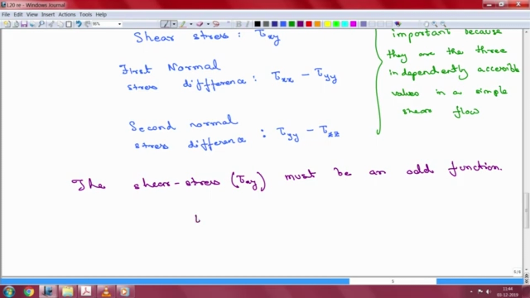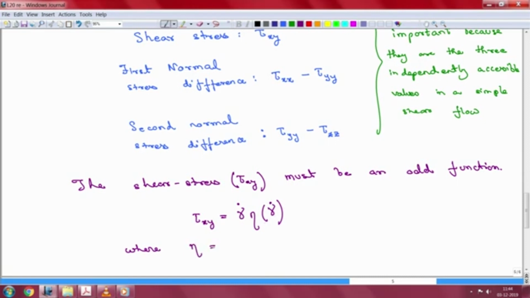So maybe we can write this tau xy as some eta times gamma dot. This gamma dot is the generalized shear rate, and eta is a function of gamma dot. When we write gamma dot in the bracket, it means that eta is a function of gamma dot.